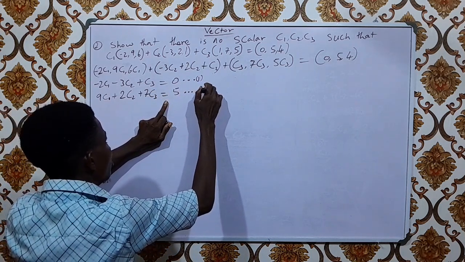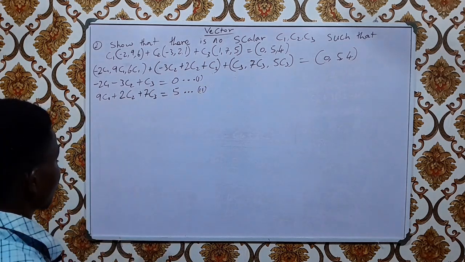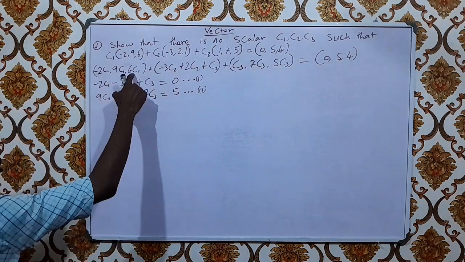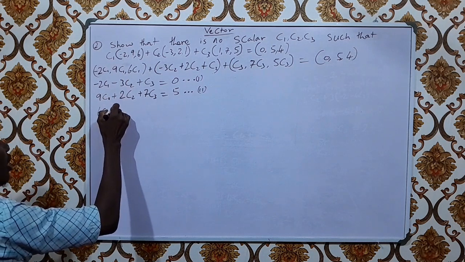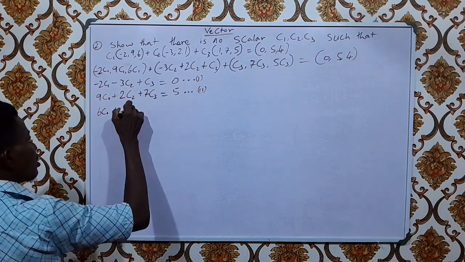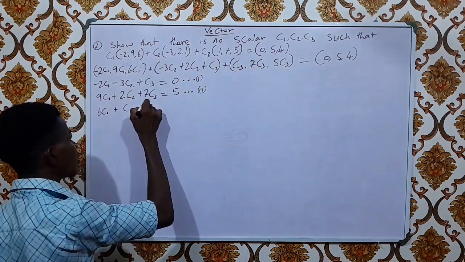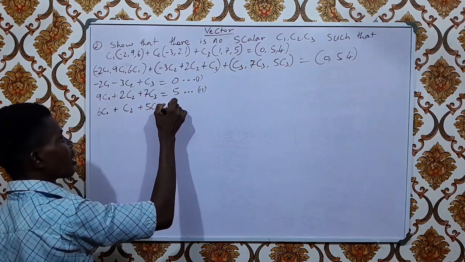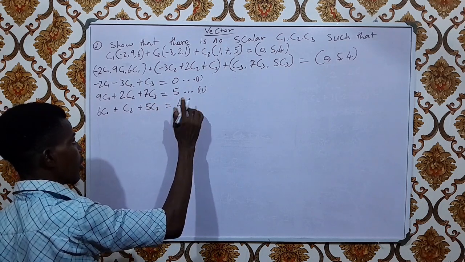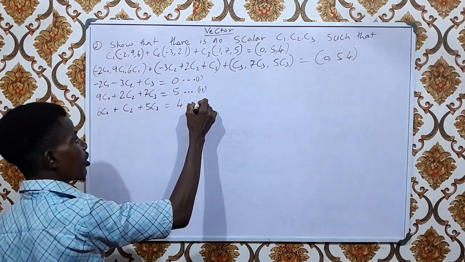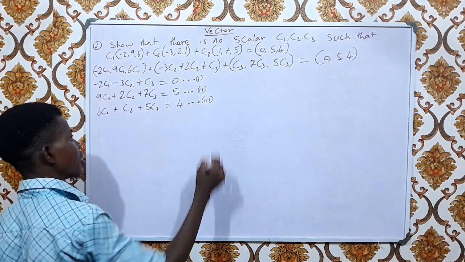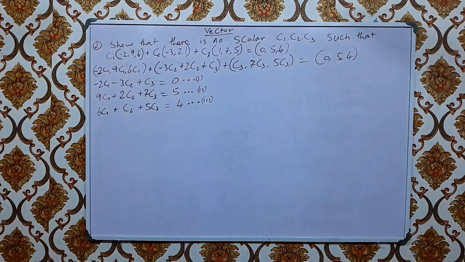We call it equation 2. The next one, 6C1 plus C2 plus 5C3, equals 4. We call it equation 3. Now we have 3 equations.